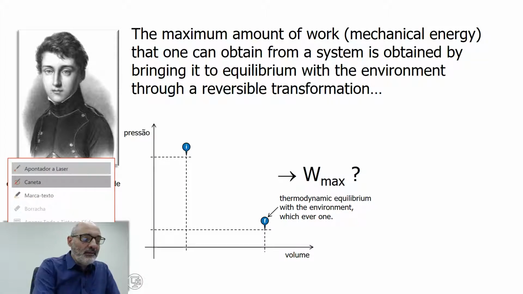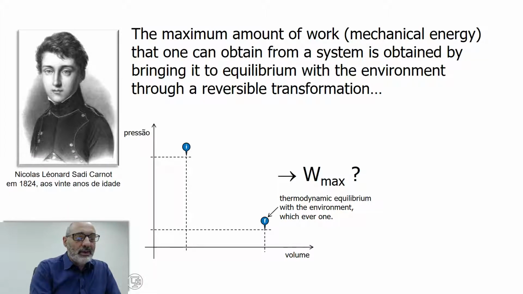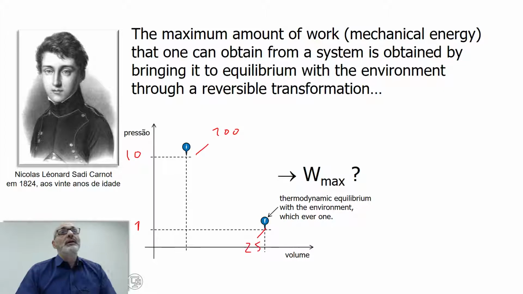We have, let's say, gas at very high pressure here, let's say 10 bar, for instance. And suppose the temperature here is 200 degrees. The environment is at 1 bar, and let's say the temperature is 25 degrees. So this difference between the thermodynamic state of the system and the conditions of the environment is what's going to drive our energy generation.